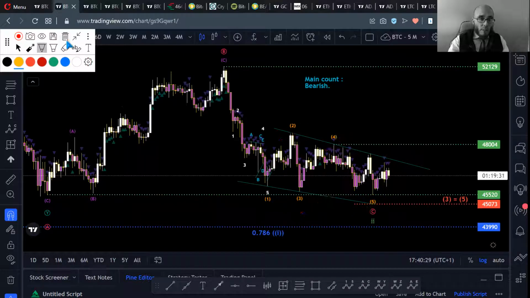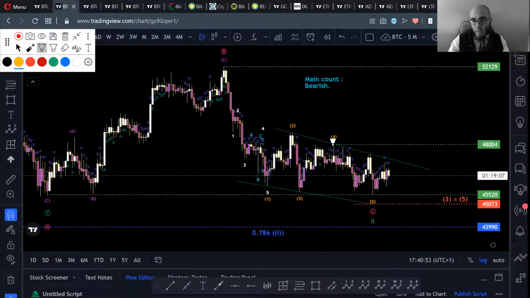And by that, I mean that you can clearly see the 5 waves in wave 1. Here, wave 4 also was a triangle. And now, since it is a diagonal and we have 5 waves, the third wave from here to here cannot be the shortest wave.